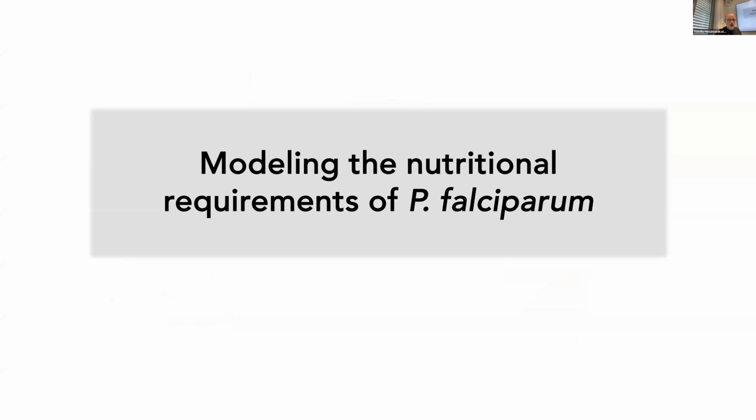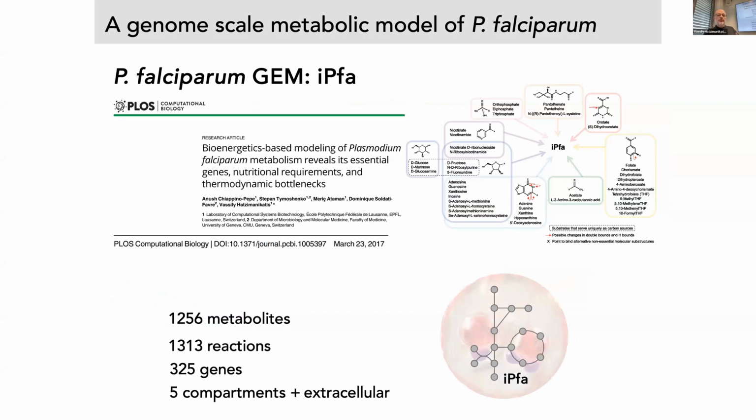Next is how we go for Plasmodium falciparum, the malaria parasite that infects the liver. For this, we have in the past developed a highly curated model, also with thermodynamics information, of falciparum metabolism. It has around 1,300 metabolites, 1,300 reactions, and 300 plus genes.